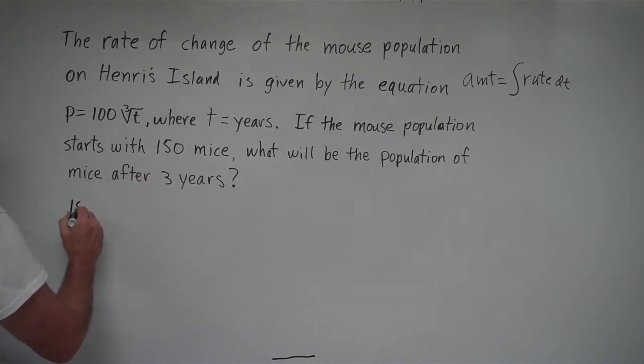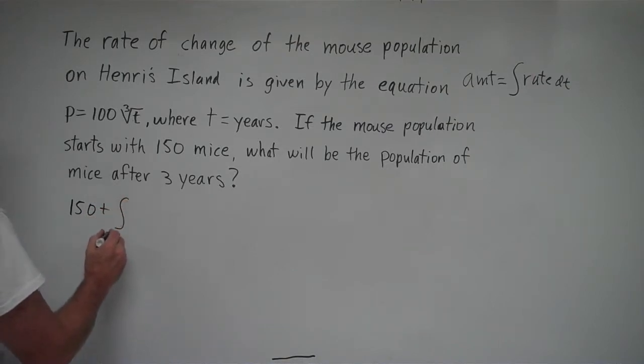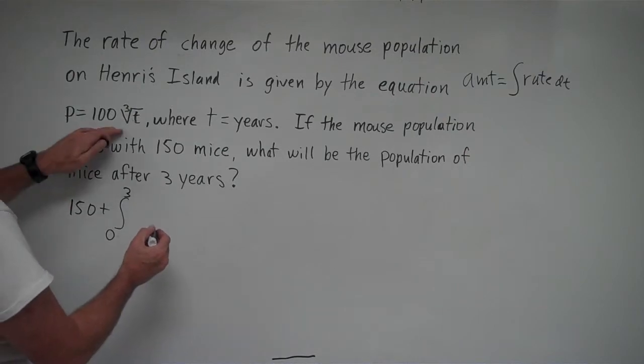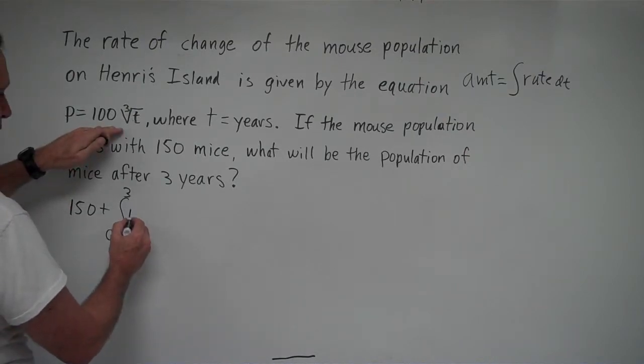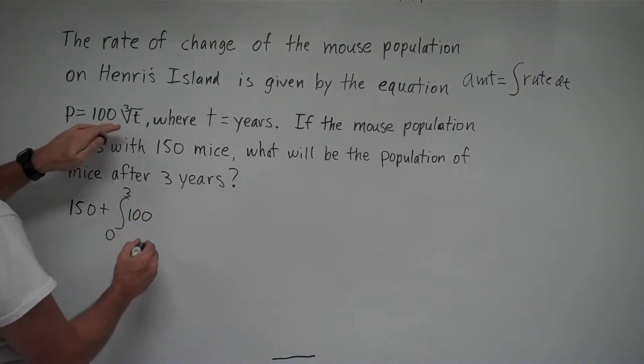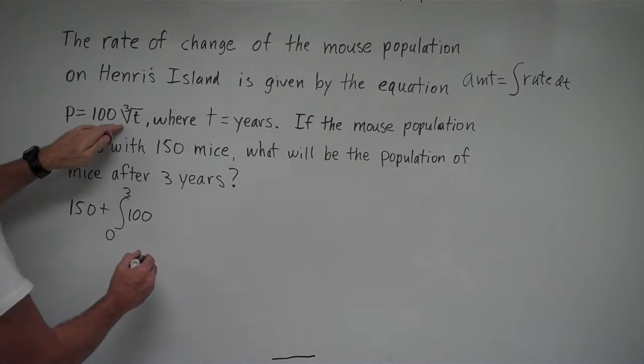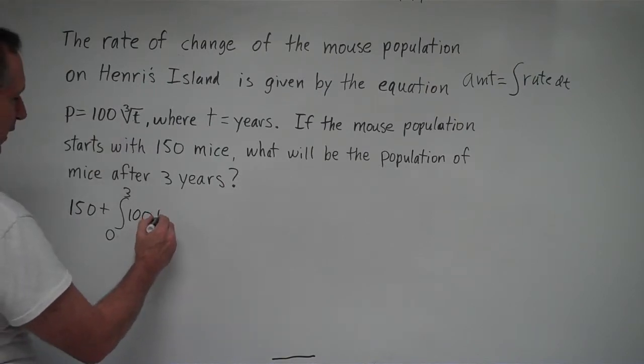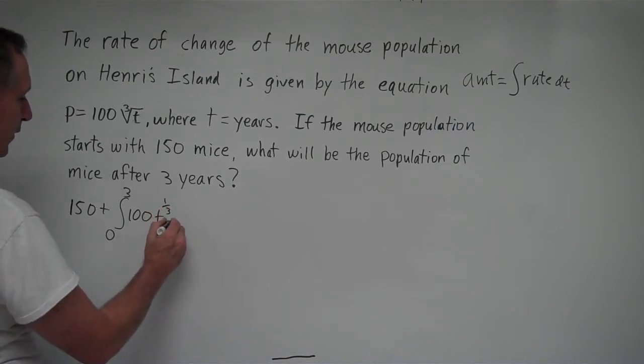So here's 150 that we start out with, plus the integral from 0 to 3 years of this equation here, 100 cube root of t. Well, the cube root is t to the 1/3 power dt.